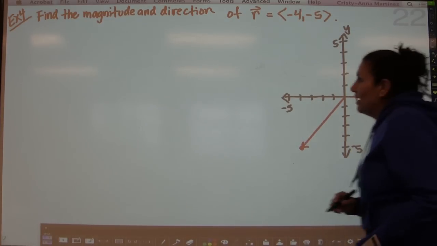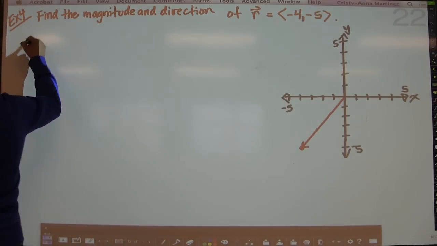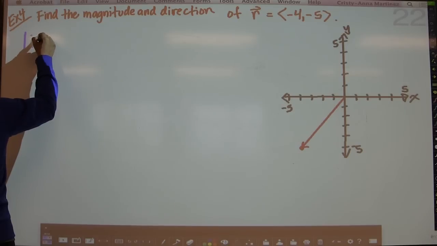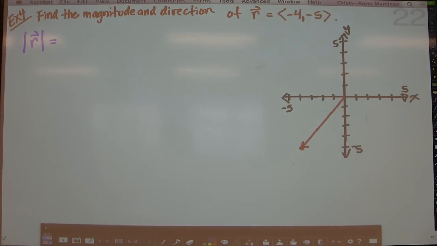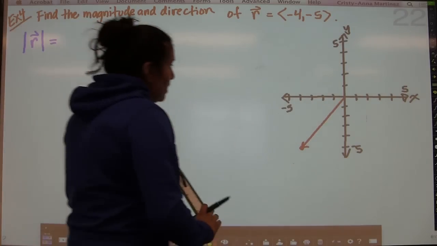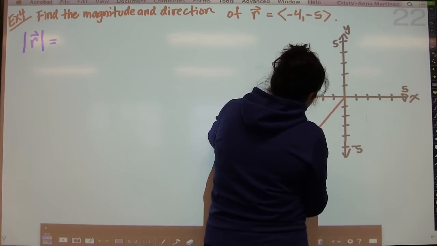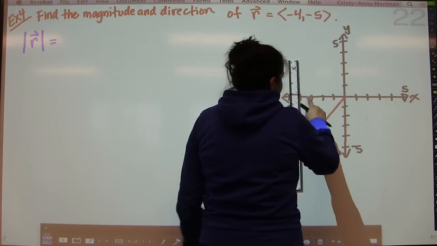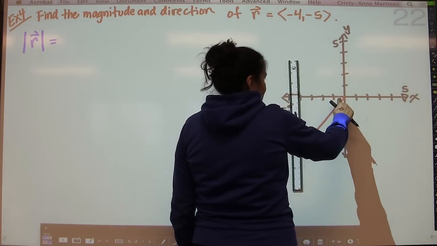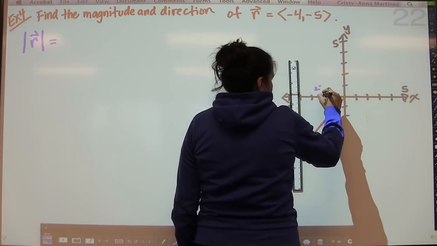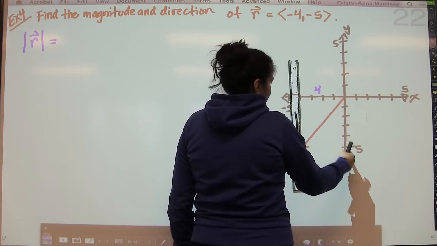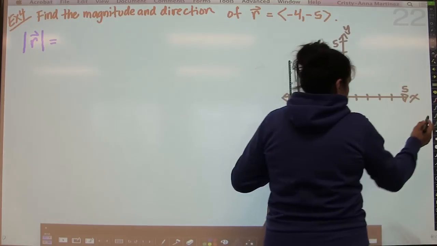And so to find the magnitude, remember the symbol for magnitude is going to be like that. The magnitude is basically they want us to find the length or the distance of this vector. So we can use Pythagorean theorem and basically the distance formula to find this, because we know that the horizontal distance here is 4 units, and the vertical distance here is 5 units if we were to draw an imaginary triangle here.